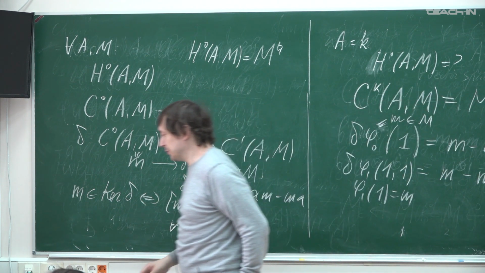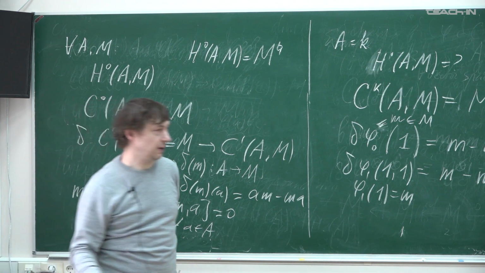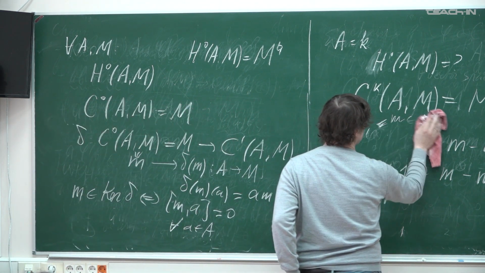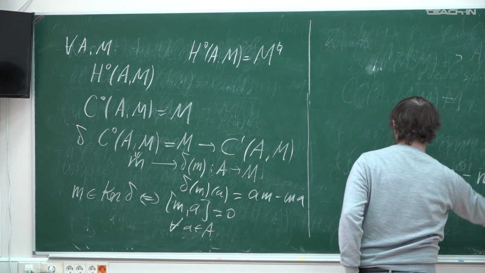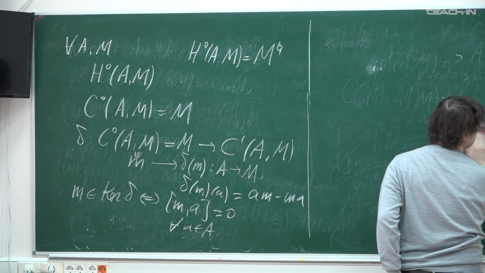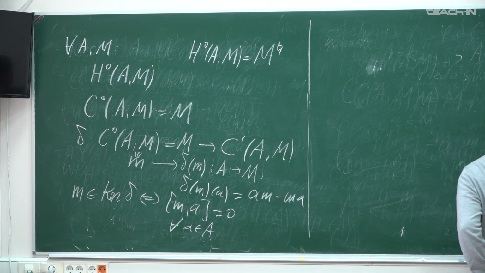It is the space of elements which commute with everything in A. In particular, if A is equal to M, this is just the usual center of the algebra.